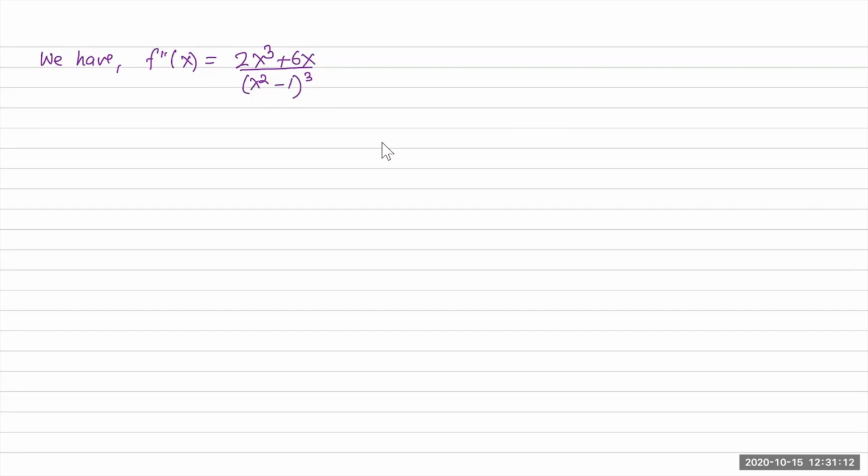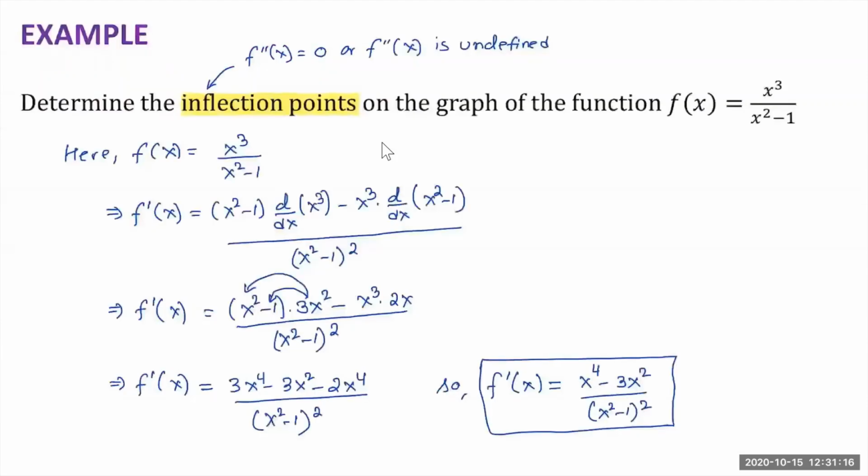Now, if we look at the problem, we are asked to find the inflection points. These are the points where the second derivative is 0 or the second derivative is undefined on the graph of the function. Now, our function is x cubed over x squared minus 1.